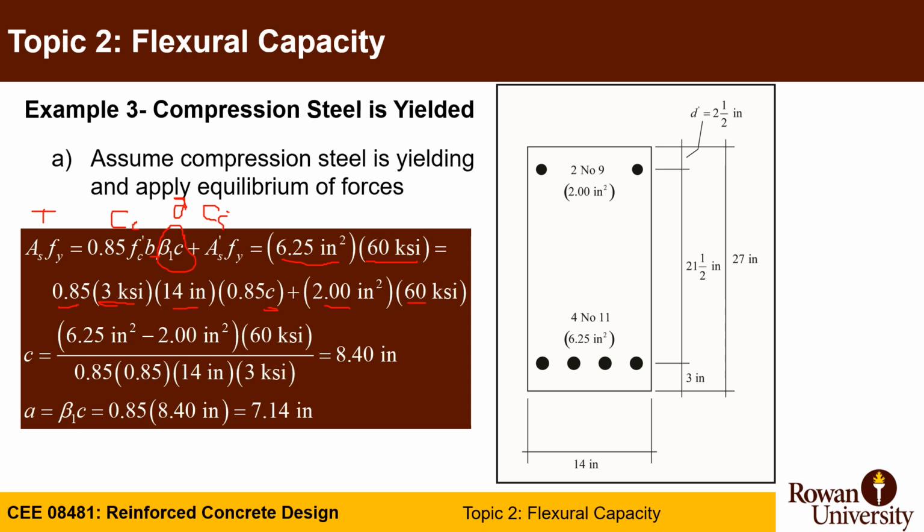So you can solve for this one. c is 8.4 inches. You can calculate a as beta 1 c, 7.14.